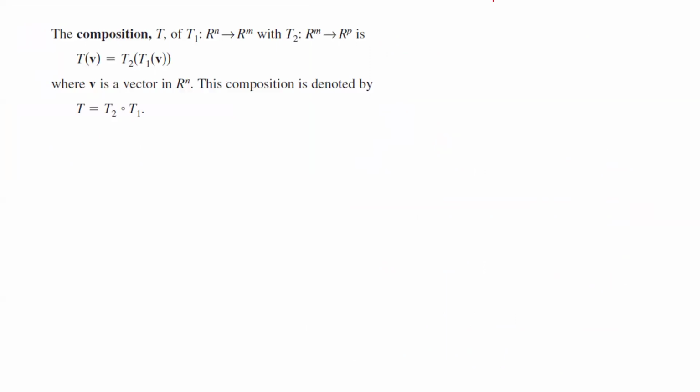What about composition of two functions, or basically composition of two linear transformations? The composition of T1, which maps n space to m space, with T2, which maps m space to p space, is denoted as T2 of T1 of v.